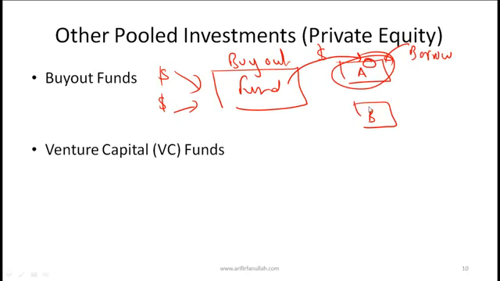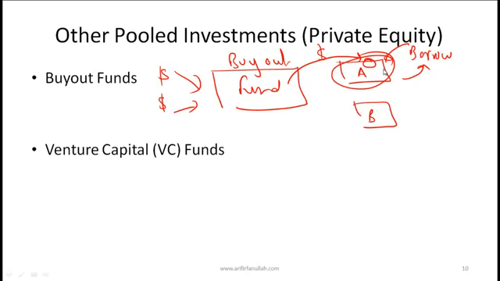Typically these are companies that are already established and running and producing cash or some earnings. So this company is run much better or more efficiently, and the cash generated through the operation is used to pay off the debt.